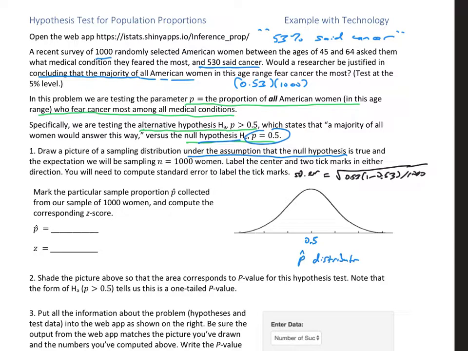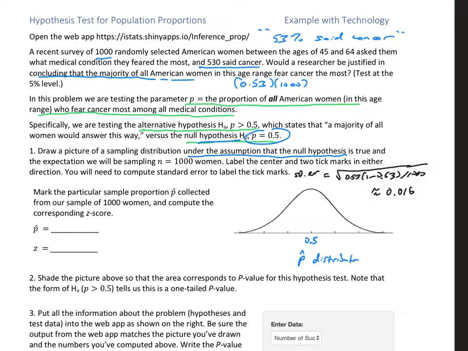So that's 0.53 times 1 minus 0.53 divided by 1,000, and then we take the square root of that answer. And in this case, that ends up being about 0.016. That's 3 decimal places.